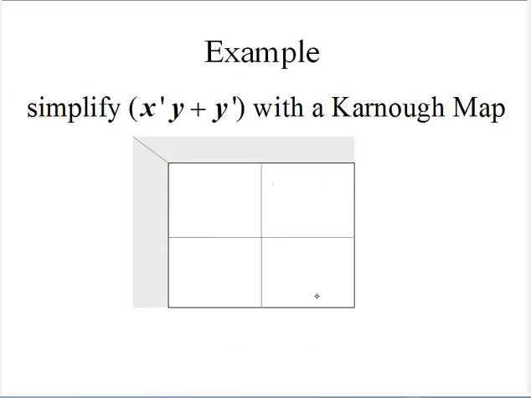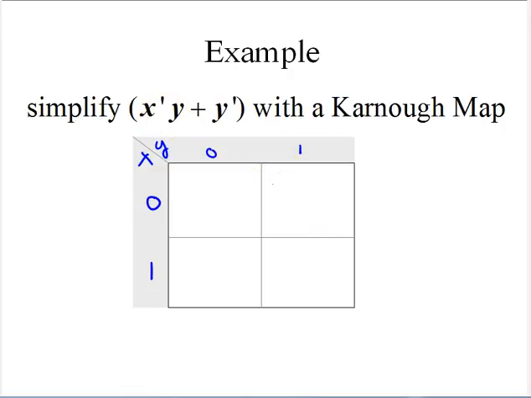If we were going to simplify this function in our Karnaugh map, again, we have to label where is x and where is y. x is 0 in the top row, 1 in the bottom row. y is 0 in the left column, 1 in the right column. x prime y, that's wherever x is a 0 and y is equal to 1. Well, that is in fact a minterm, so that is our minterm 1.